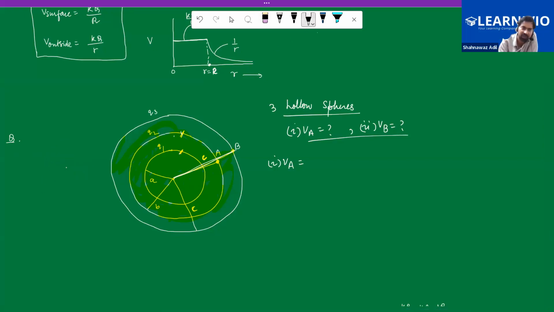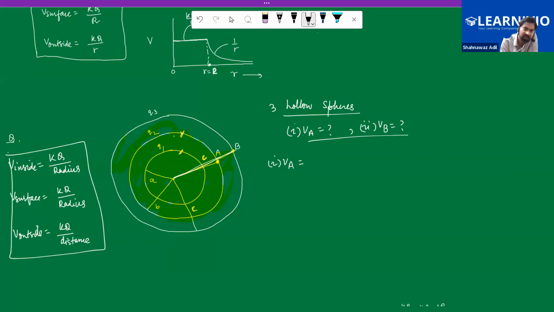The electric potential inside a hollow sphere is kq by the radius, and V surface is kq by the radius, and then V outside is kq by the distance. So these are the potentials for a hollow sphere, right?